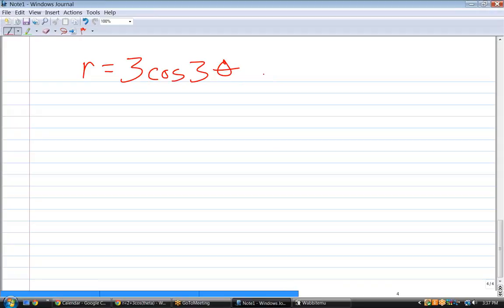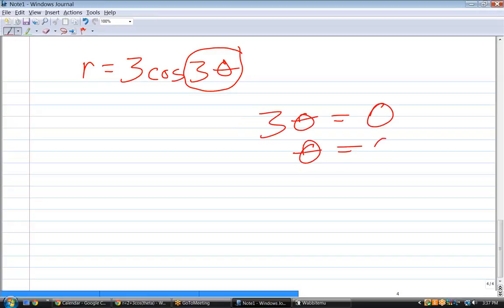Let's think for a moment. Where is that equal to 0 or 2 pi? Well, clearly 3 theta equals 0 when theta equals 0, but it also equals 0 when theta equals 2 pi over 3.